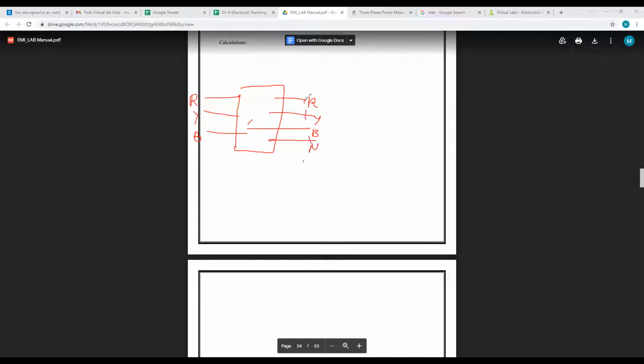The load between R and N we give as single phase supply.